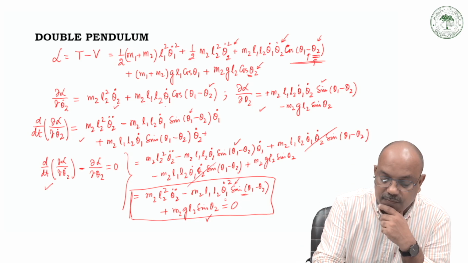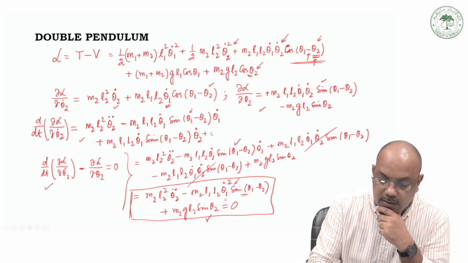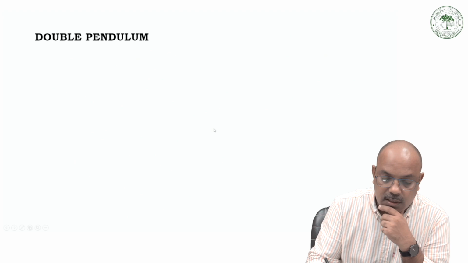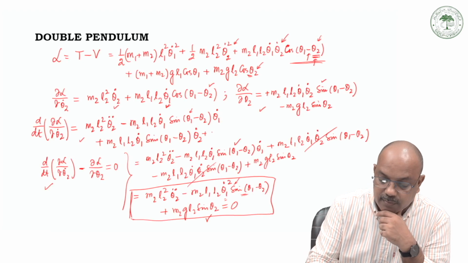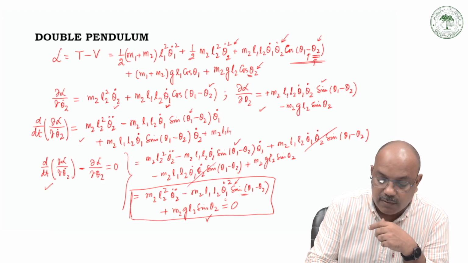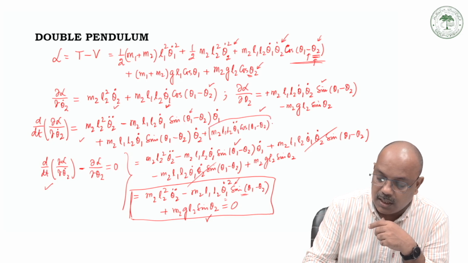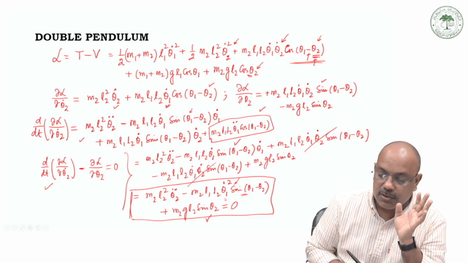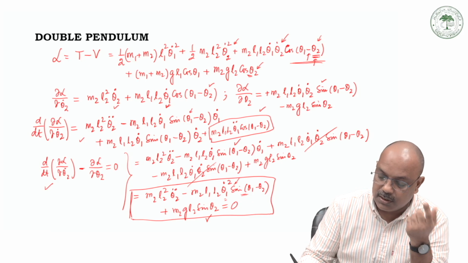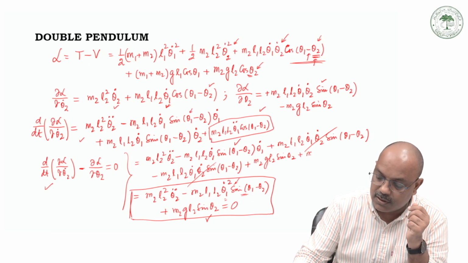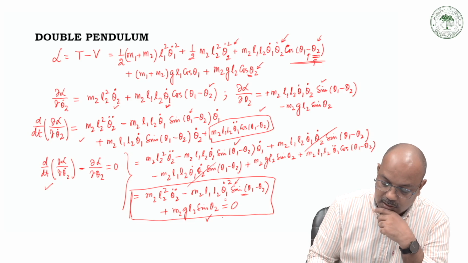And then for theta 1 double dot, you are going to get one more equation, that is m2 L1 L2 theta 1 double dot cos of theta 1 minus theta 2. I again left this out in this equation, so this has to be added here itself.